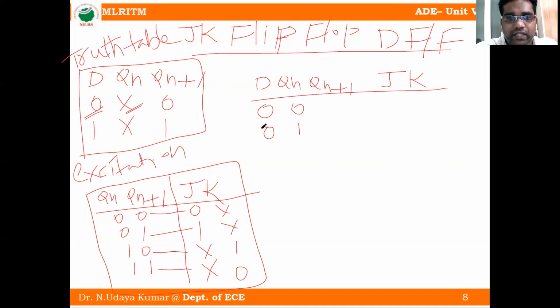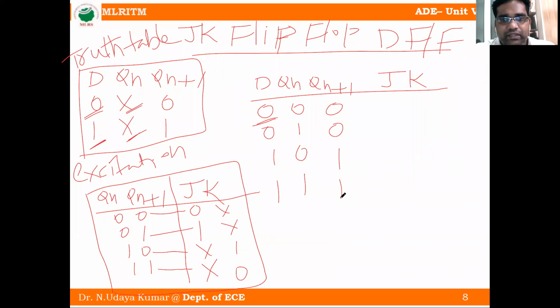This 0 as it is. The next case is D is equal to 1; instead of don't care we are writing 0 or 1. If D is equal to 0, what is the next state? The next state is 0, 0. If D is equal to 1, what is the next state? The next state is 1 and 1.